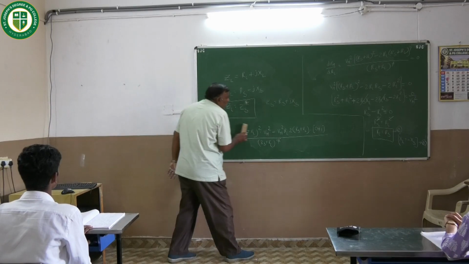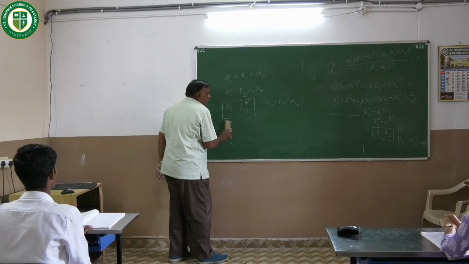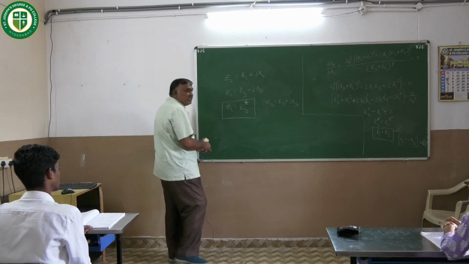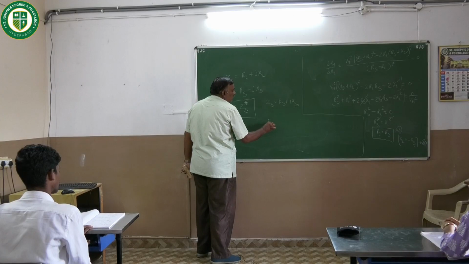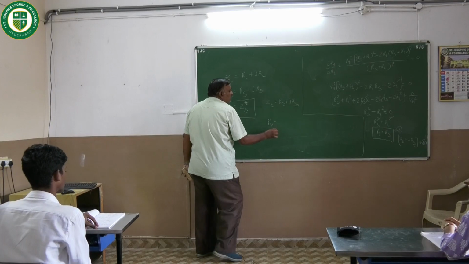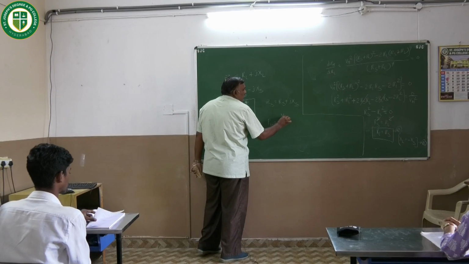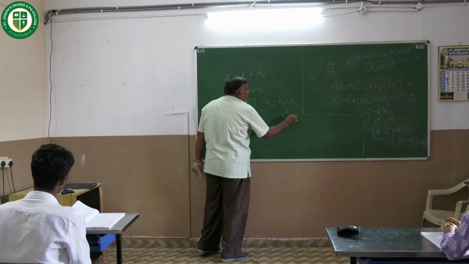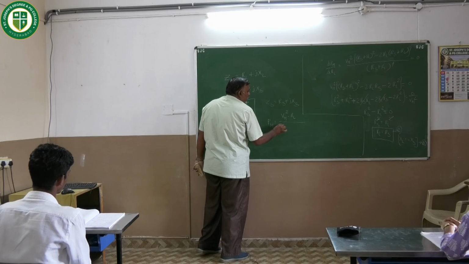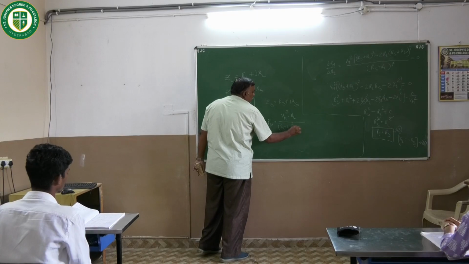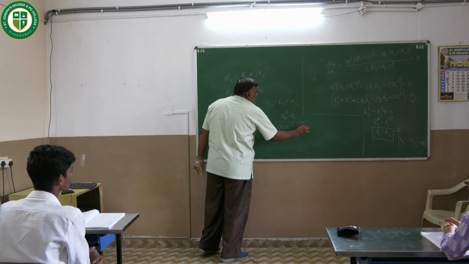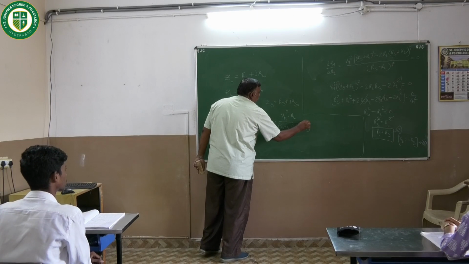Now, what is the maximum power that is delivered to the load by the source? You are having the expression Pm is equal to Vm square into RL by RS plus RL whole square plus XS plus XL whole square.